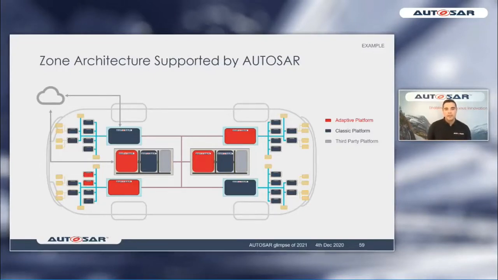And the integration task for the central units is a huge task for an OEM. There are also some variations, which of them are done with adaptive, which with classic. At the end, on the boardnet level, they all talk AUTOSAR.